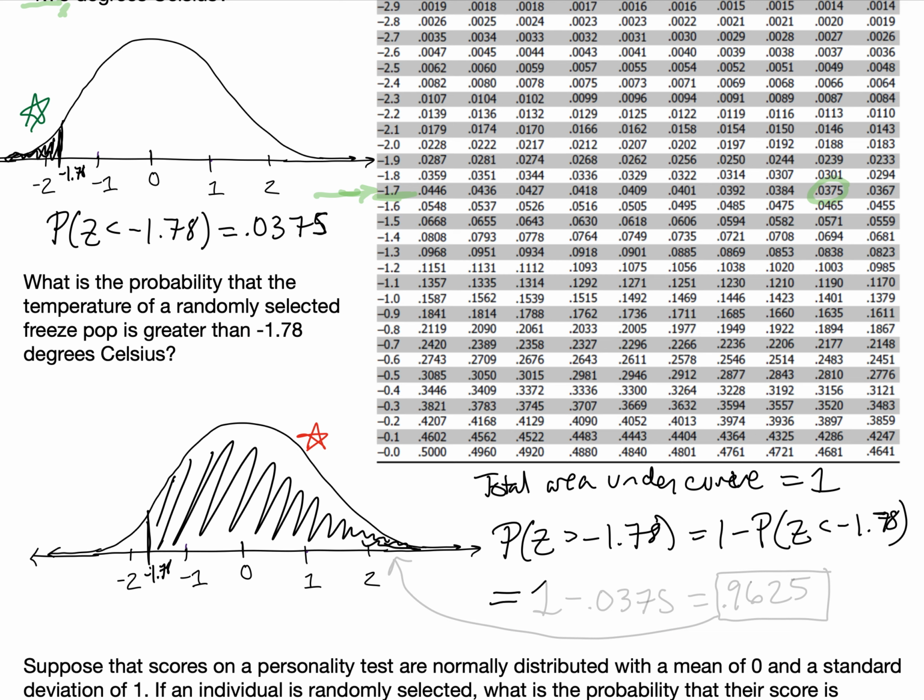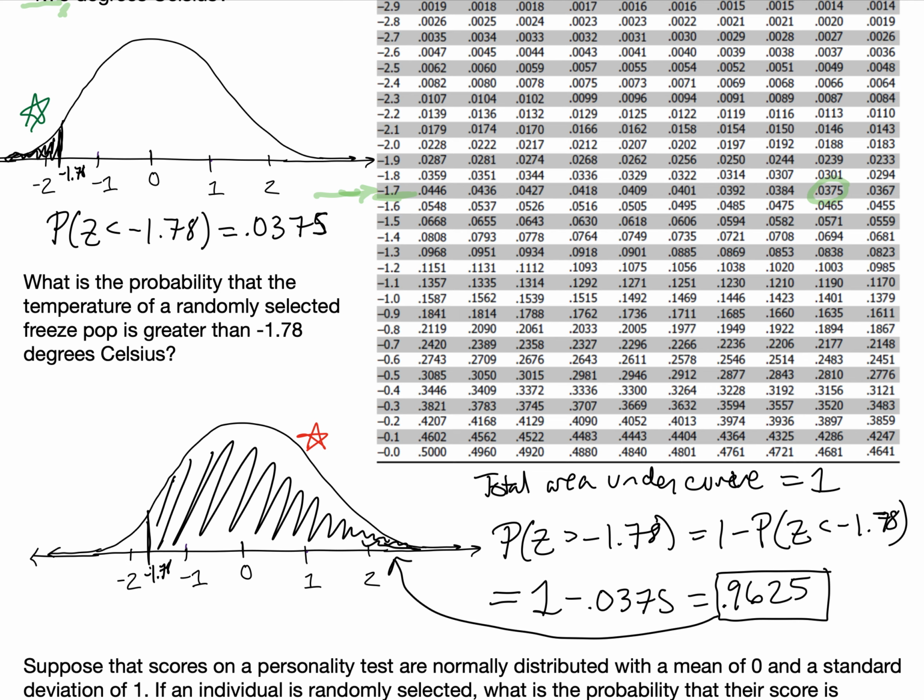And so this is equal to 1 minus the probability we already found, 0.0375, and so that is 0.9625. 0.9625 is the probability that this freeze pop has a temperature greater than negative 1.78. Any time that we want to find the probability that a normal distribution has a value greater than a particular value, we're always going to find the probability for less than and then subtract that probability from 1.